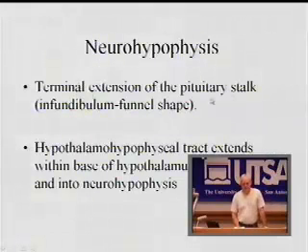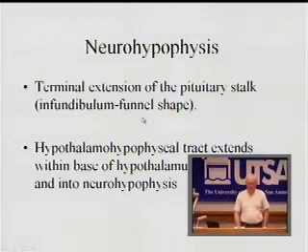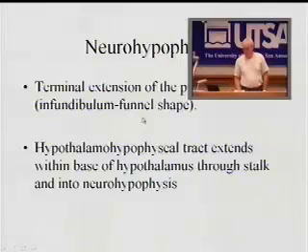So the terminal extension of the pituitary stalk, as we saw, it is referred to as the infundibulum, the funnel-shaped portion closest to the hypothalamus. The pituitary or infundibular stalk contains the hypothalamo-hypophyseal tract, as we said, a collection of axons within the CNS is a tract.